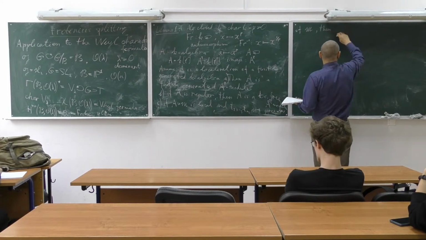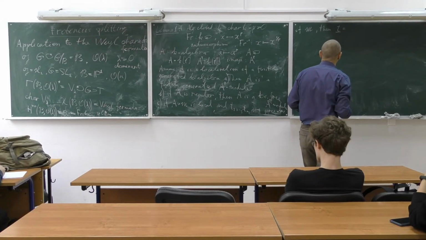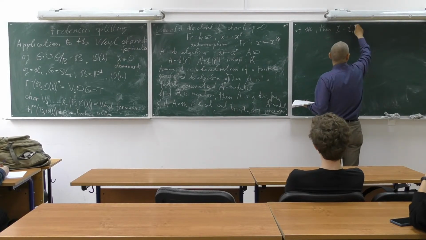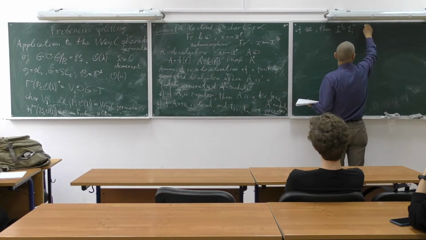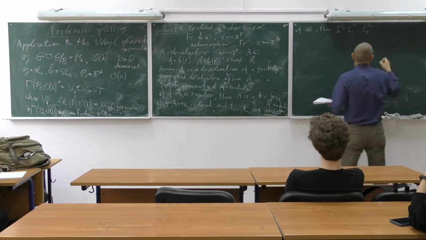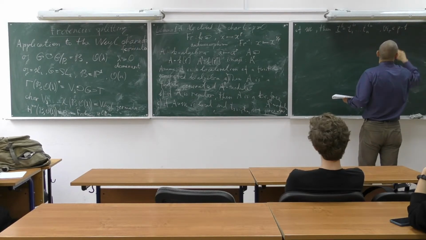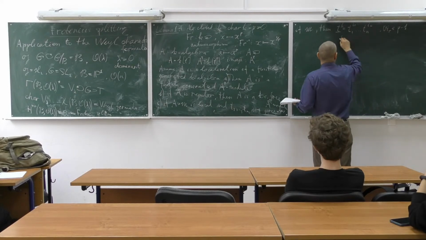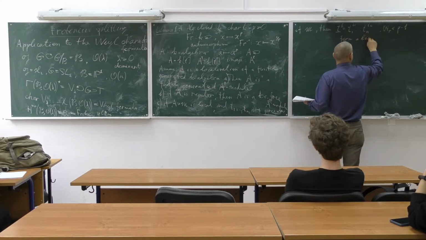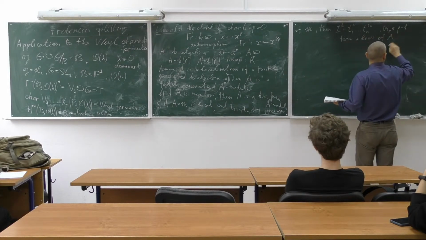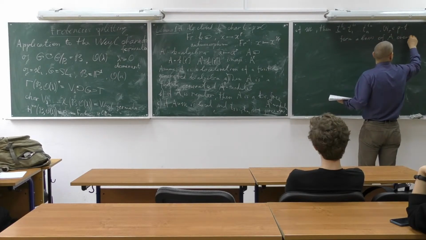Then the following monomials, T1 to the power I1, and so on, Tn to the power In, where all those indices are between 0 and p minus 1, form a basis of A over A to the power p.